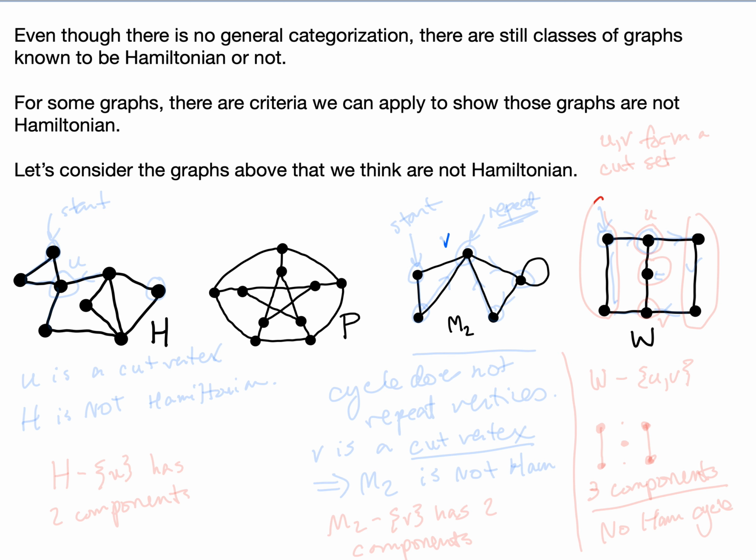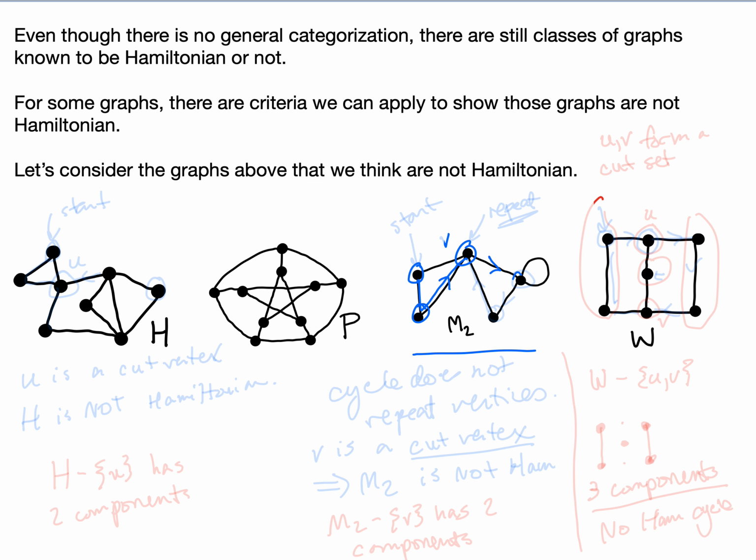Let's consider the graphs from above that we think are not Hamiltonian. So these are just copied and pasted from above. Let's start by thinking about the graph M2. So if we started, say, here, and we go around somehow, okay, we have visited this vertex, we visited this vertex, and now we could go in either direction.